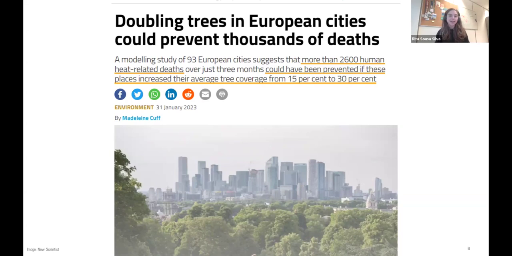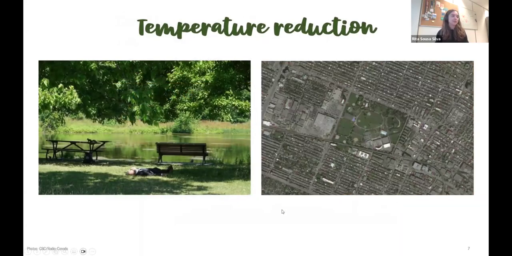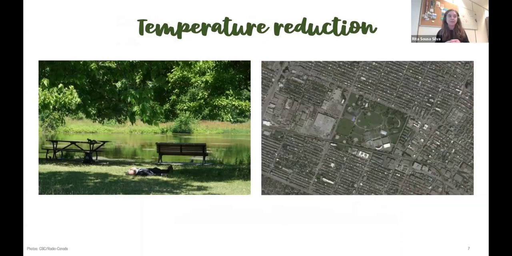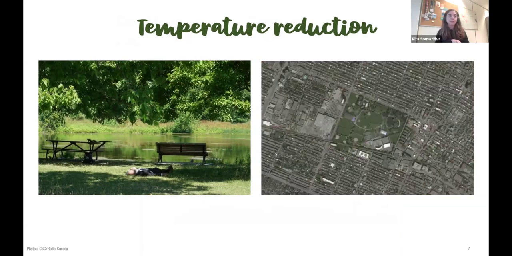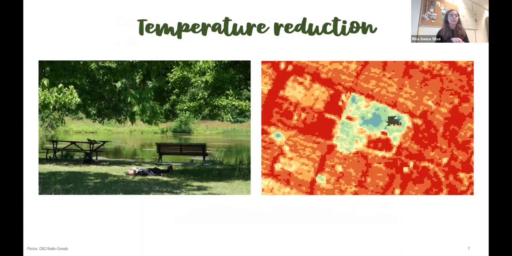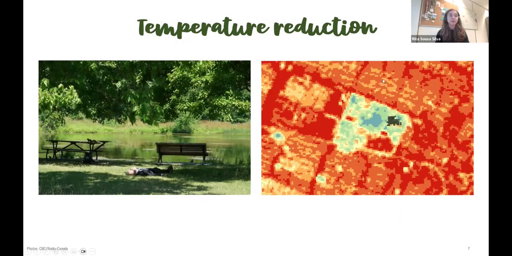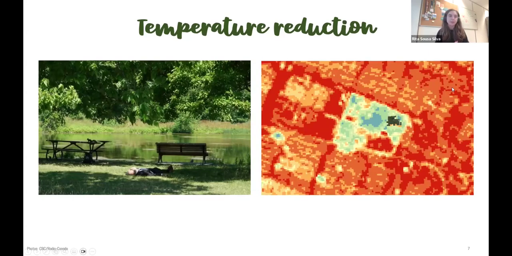And why trees are so important, I like to show this example. You have the map of the city, and this is one of the hottest spots. This is Montreal. It's a commercial area, so a lot of paved surface, but also a lot of residential houses in a not so healthy neighborhood.